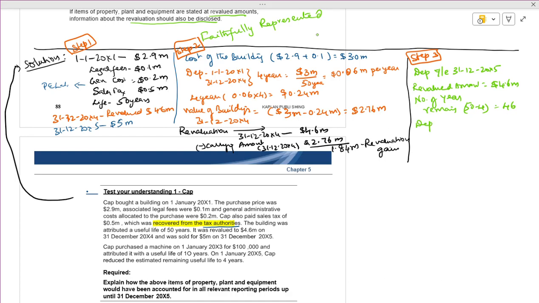Depreciation per annum: 4.6 million divided by 46 years. It comes to how much? Sorry, 4.6 divided by 46. It comes to 0.1 million. Okay.